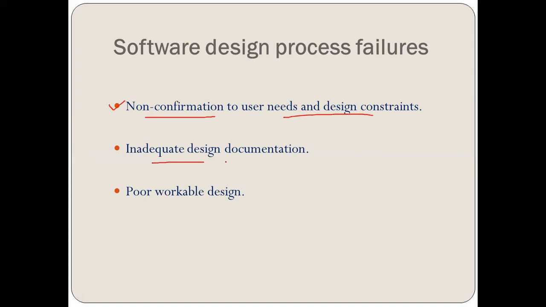Next one, inadequate design documentation. We have already seen that with the design, we also need documentation. Design documentation should be adequate enough to complete the process, make it more understandable and act as a guideline for the implementation perspective. And lastly, poor workable design is again a design process failure.